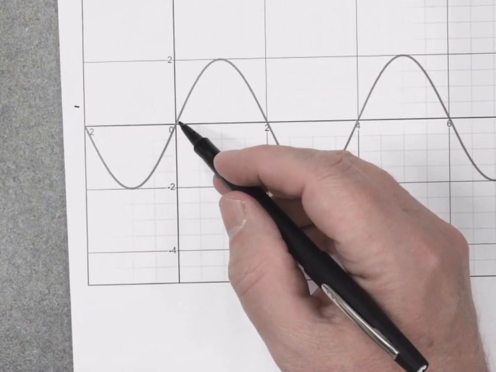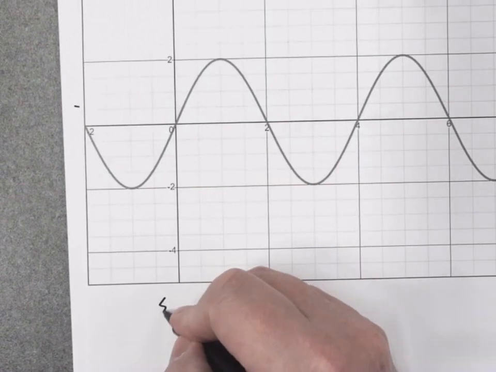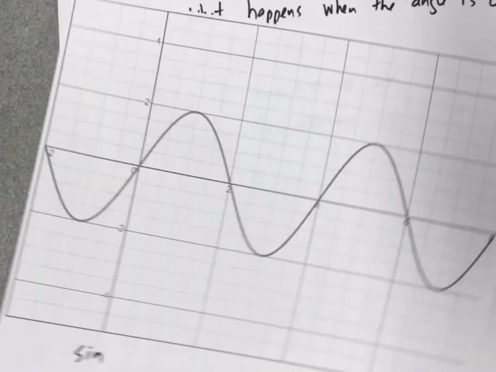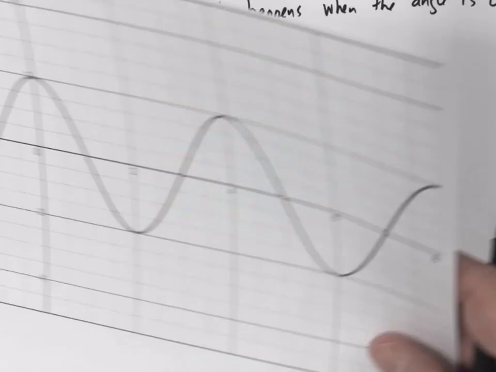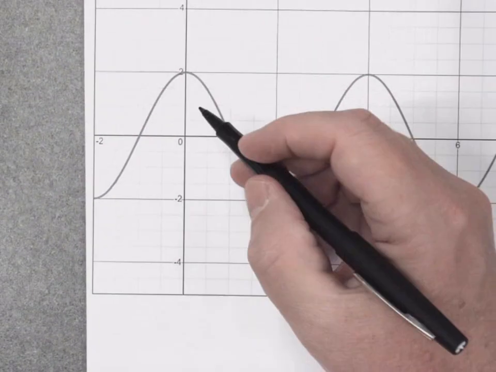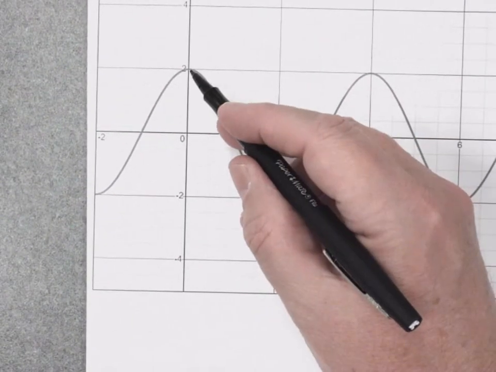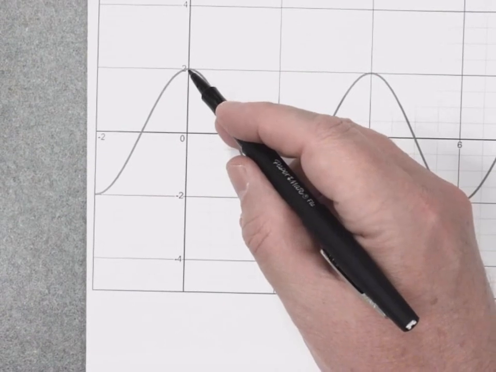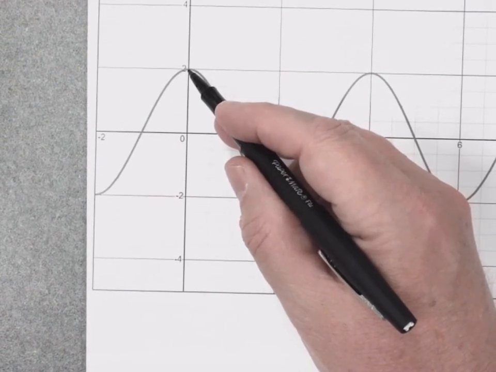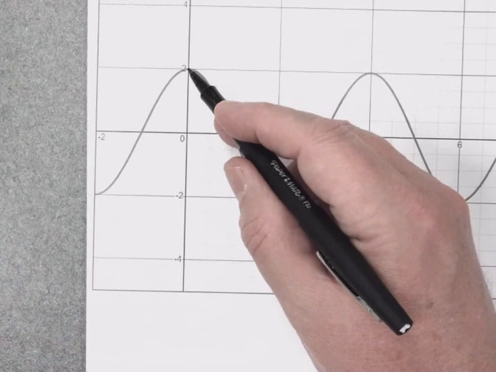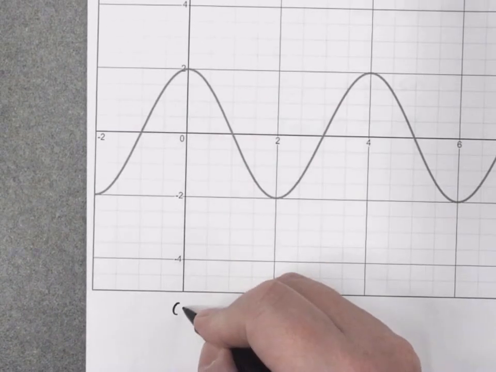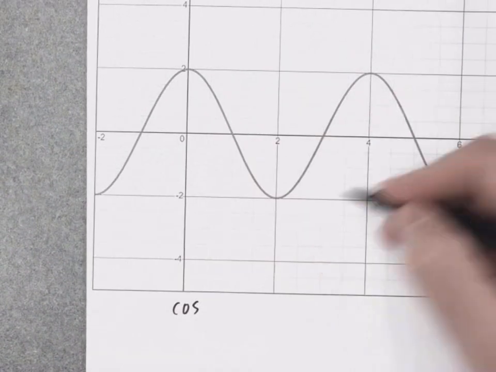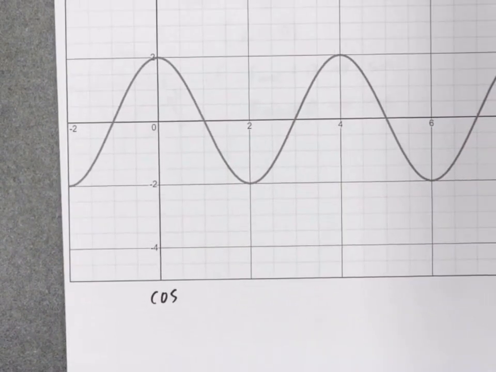Here's another one where the angle is 0. I know this has to be a sine wave. Now look at this one. At angle 0, what's going on here? It's at 2. This is a graph where the amplitude is going to be 2, but you notice it's not 0. So I know this is the graph of a cosine equation.